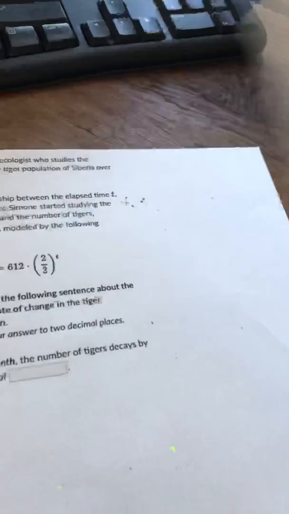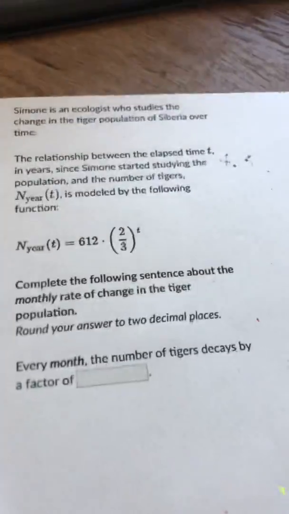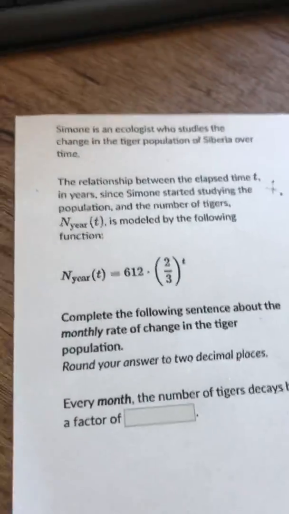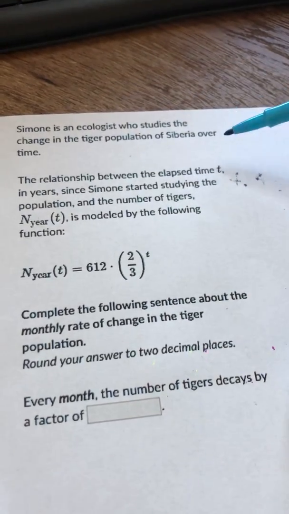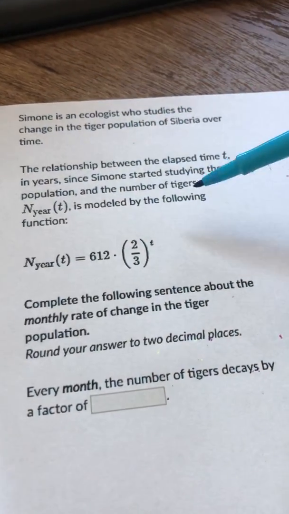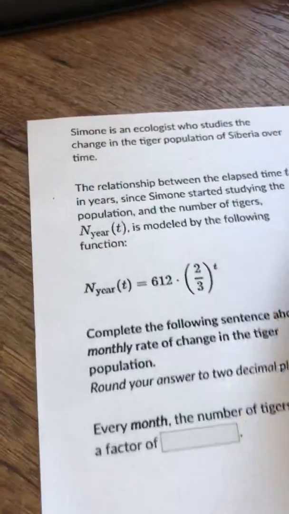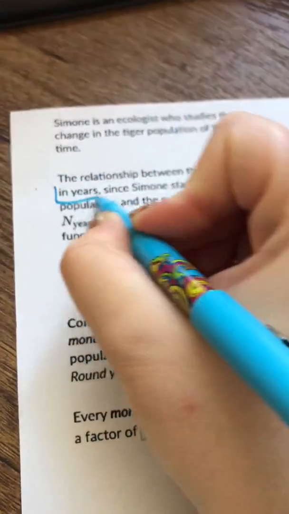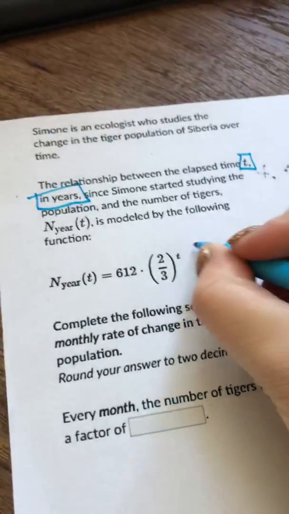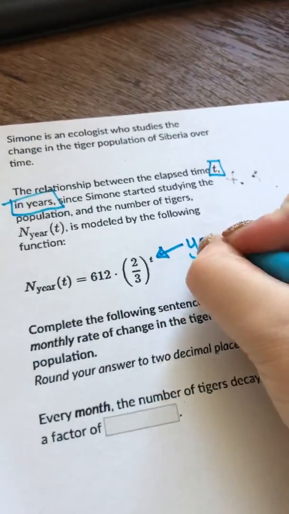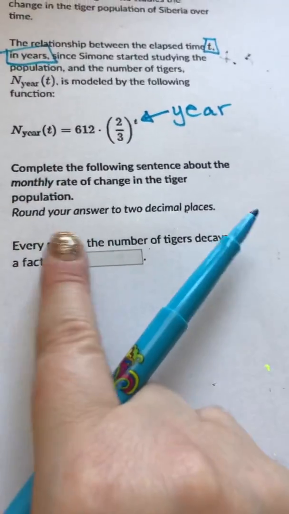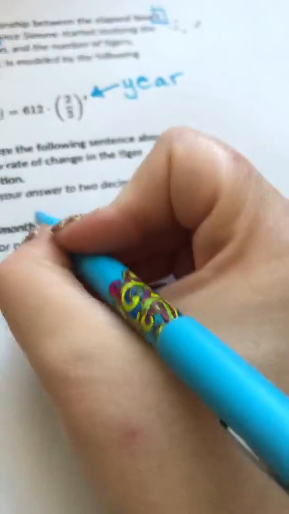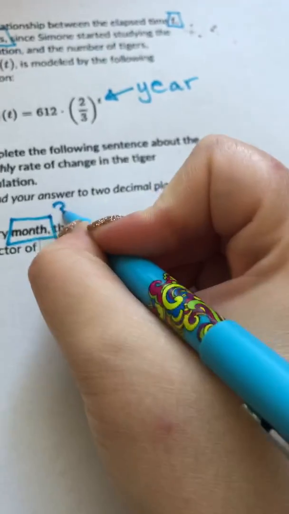Okay, let's do another one. This says an ecologist studies the tiger population over time. t is in years, so this t represents years. But let's look at what the question is asking for. It says every month.